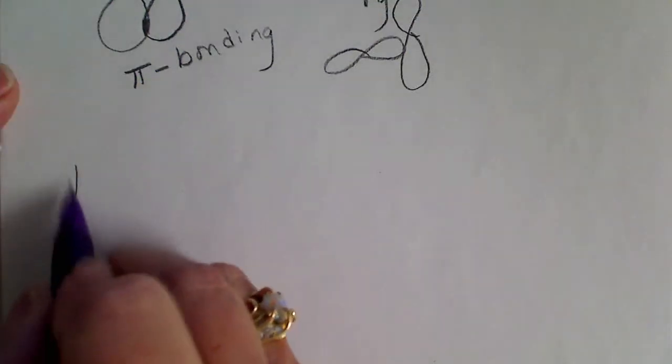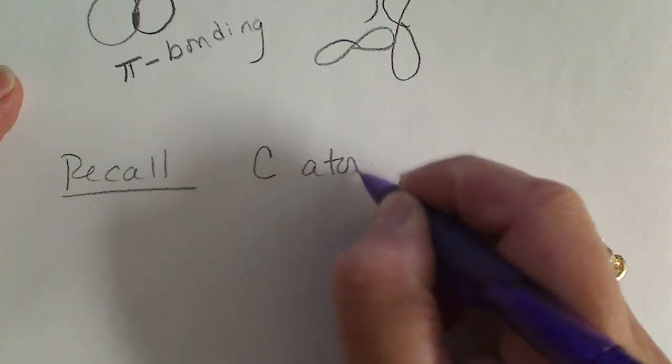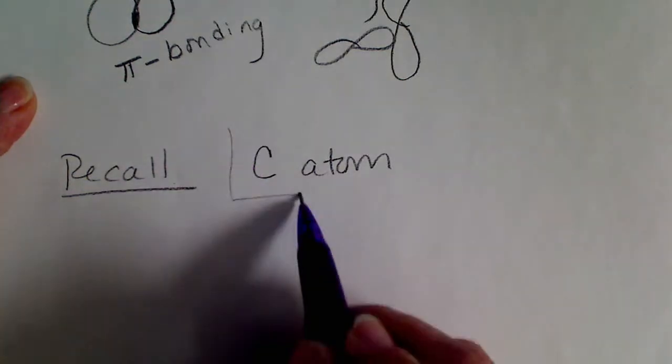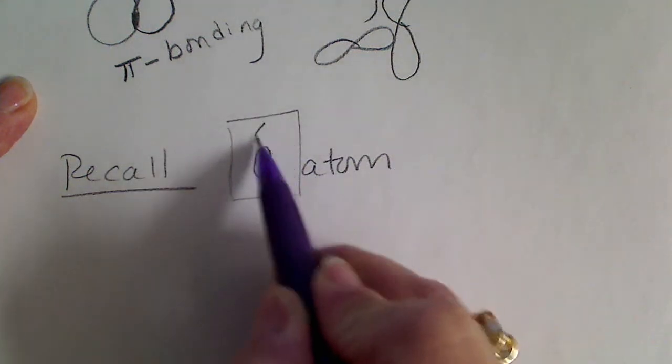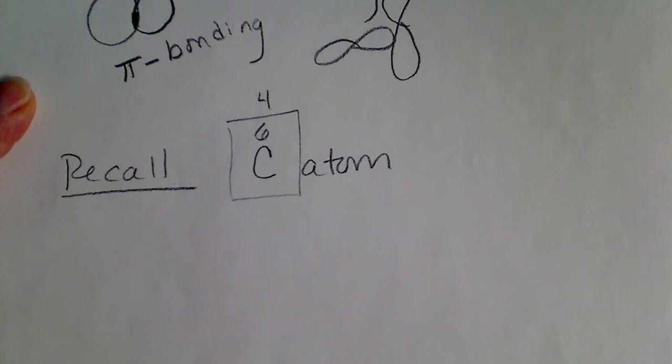If we recall from an earlier chapter, if we look at a carbon atom, carbon is on the second row of the periodic table. It has a total of 6 electrons. It's in group 4, so it has 4 valence electrons.